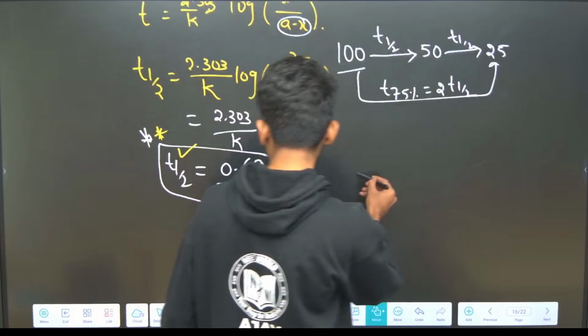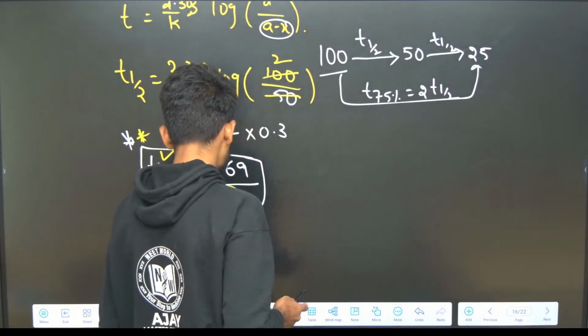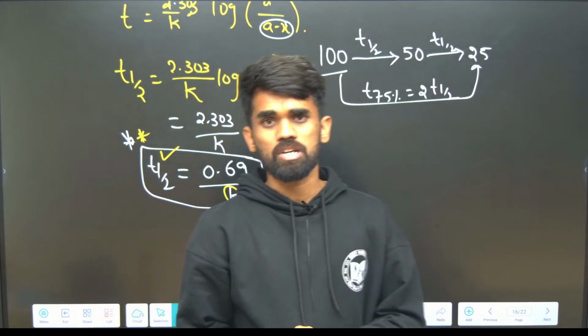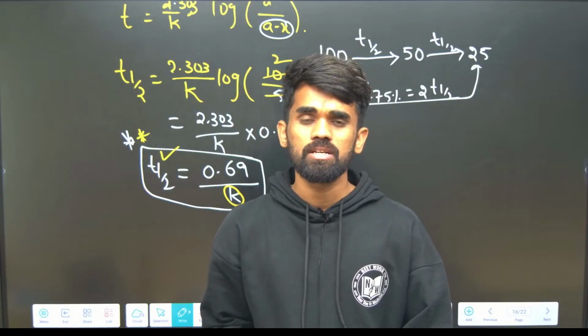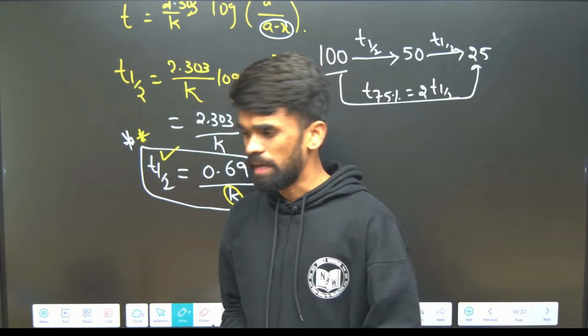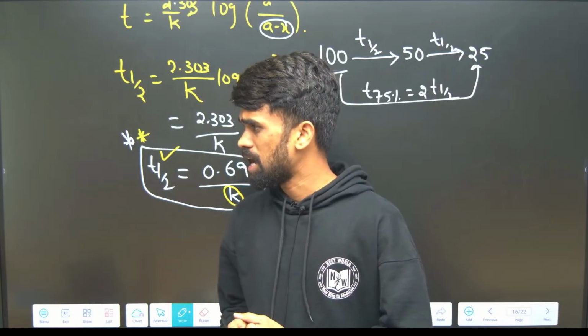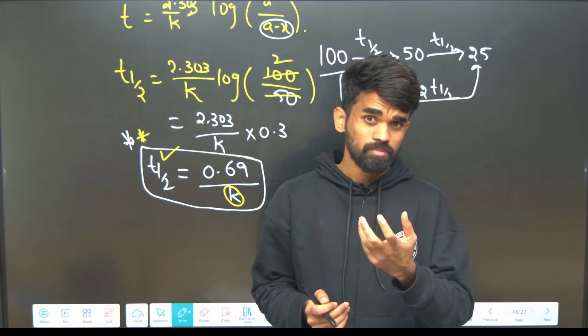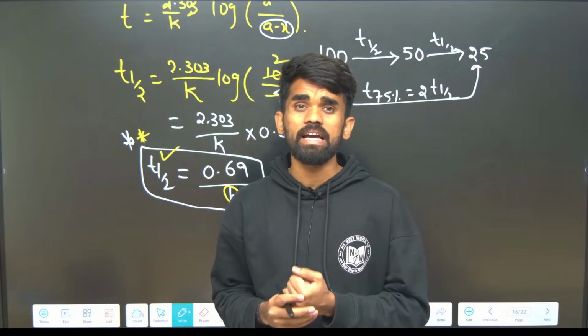See, what are the examples? Now you might have doubts like, what are the examples of zero order reaction? Decomposition reactions. And last class we discussed about acid hydrolysis of esters.